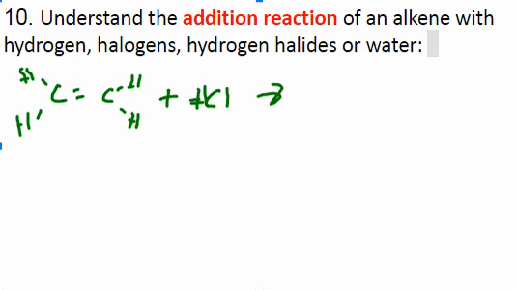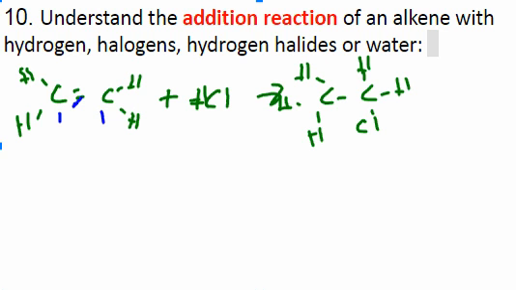When I break my bond open, giving me openings, I now have a place for 1 hydrogen and a place for that halogen. So this time I go from an alkene to a halogeno alkane.